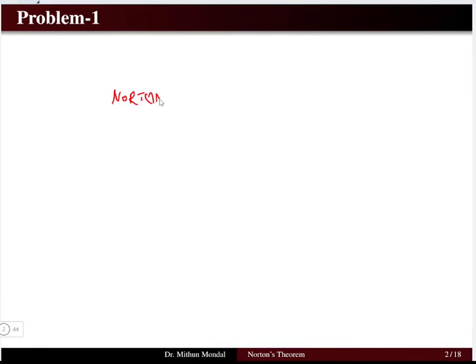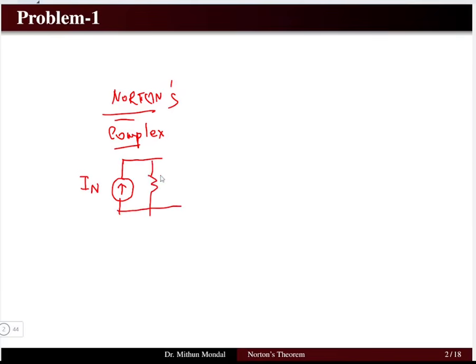So what does Norton's theorem suggest? If you have any complex circuit, meaning a circuit with too many sources or passive elements, then you can reduce the circuit into a simple equivalent circuit consisting of a current source, known as the Norton current, in parallel with a resistance, known as the Norton resistance, R Norton.